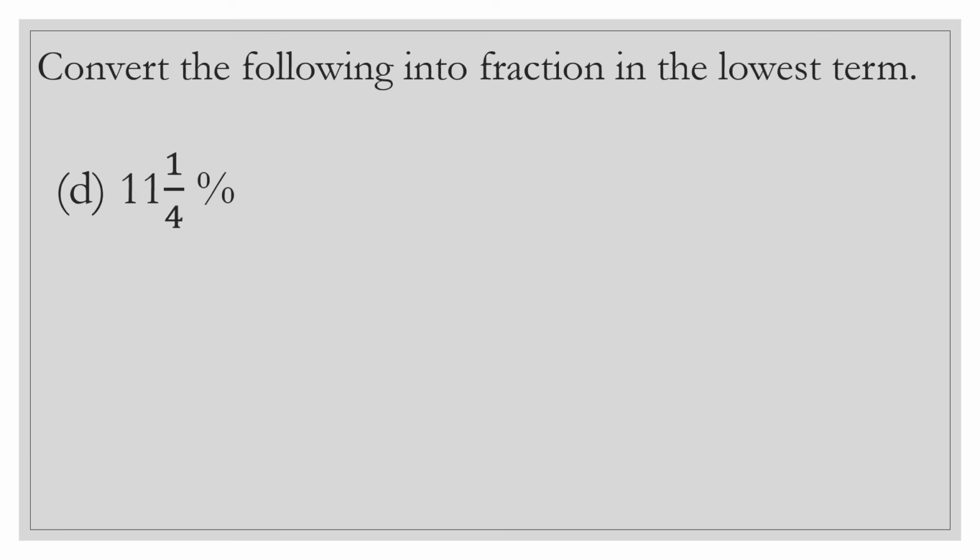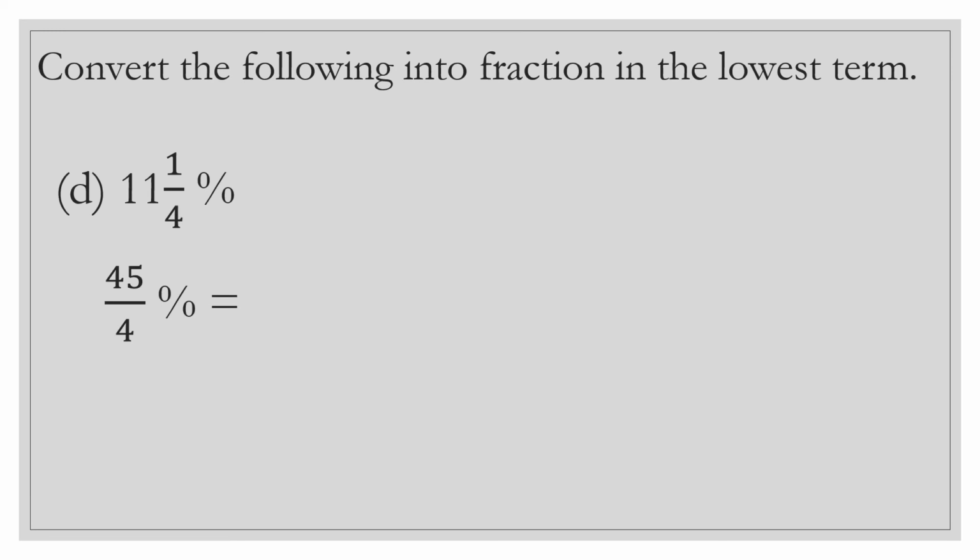Let us solve one more question. Question number D. Convert 11 1 upon 4% in the lowest term. See, 11 1 upon 4 is a mixed number. So let's convert it into an improper fraction. How? Let's see. 11 fours are 44 and 44 plus 1 is 45. So we get 45 upon 4%. And we know that if we remove the percentage sign, always divide by 100.